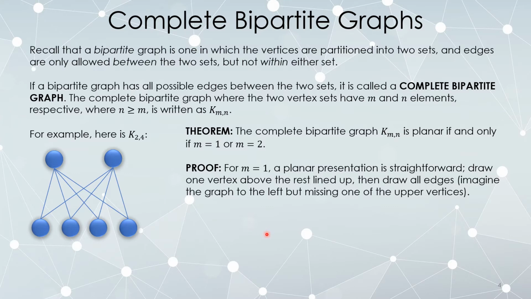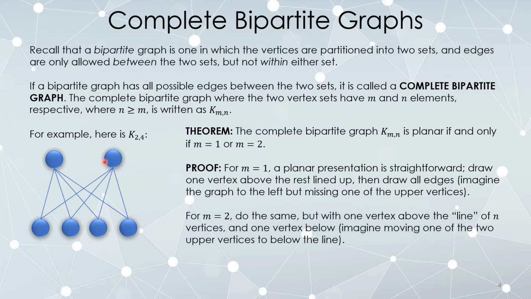Well, what about m equals 2? Instead of drawing this vertex up here, you can imagine drawing it down below. So if I drew this vertex down below, I could have the second vertex down here and just connect them up. So I would have 1 vertex on top connected down to as many as necessary, and another vertex below connecting up.